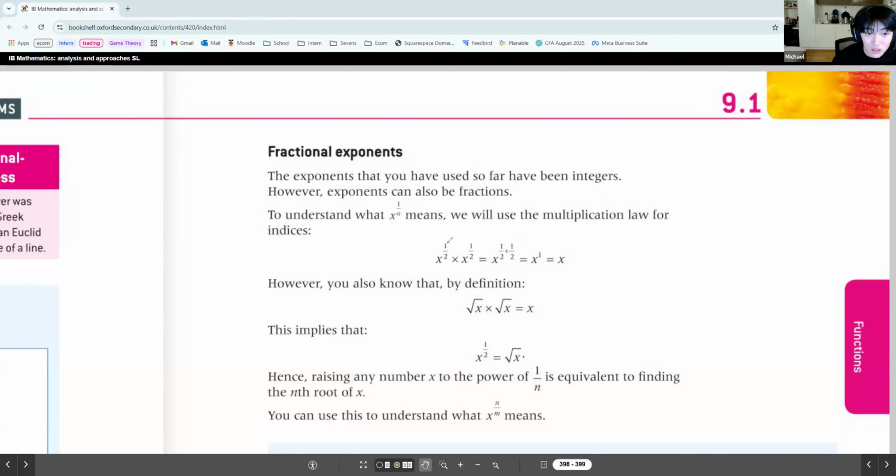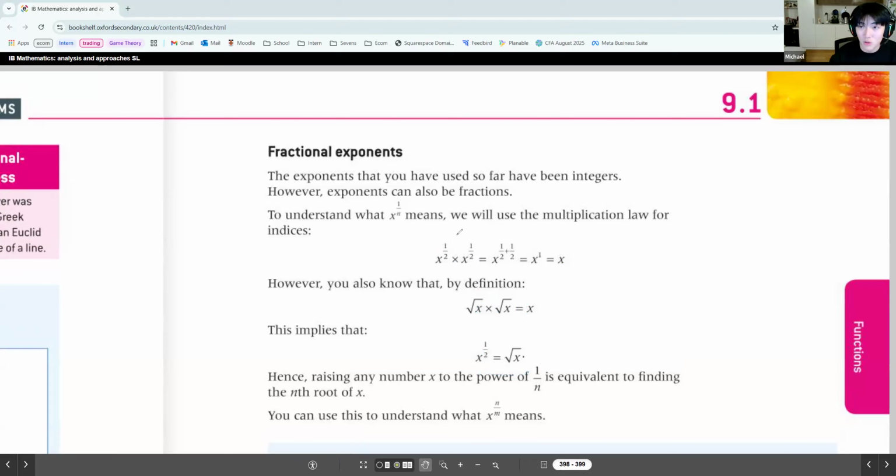So first of all, let's just assume we have this power of a half. Power half times power half equals power 1, equals itself. Okay? And then we also have square root times square root equals itself.